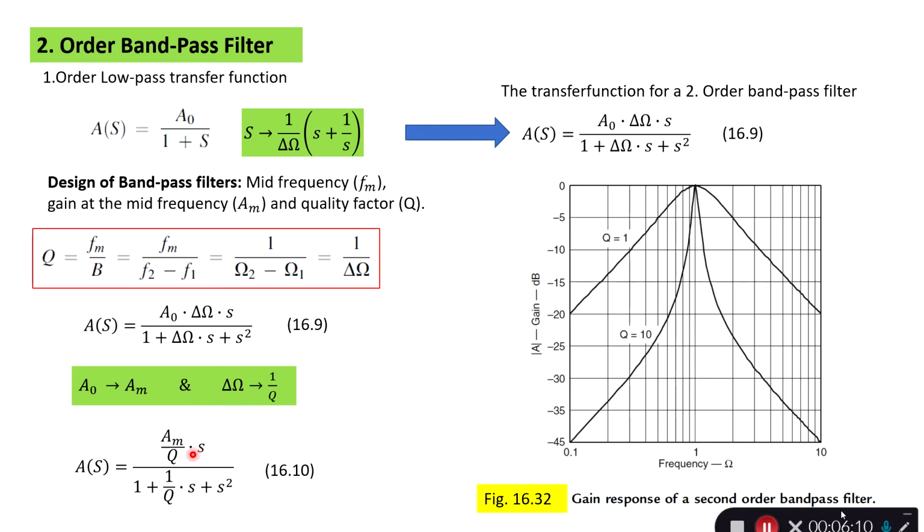So this is the bandpass filter equation where we have AM and the quality factor. So we can easily say, okay, I need a Q of 10, or I can live with a Q of 1, or perhaps a Q of 2 for my design. But that's defined based on the bandwidth and the mid frequency we need to have.